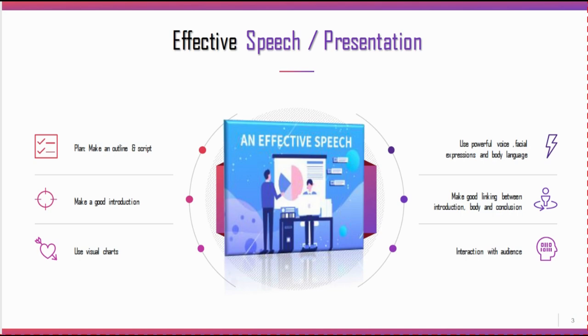Next one is very important. Use a powerful voice, facial expressions, and body language. First one is powerful voice. If you use a very small or weak voice, nobody will pay attention to you. But if you use a stronger voice and it sounds very firm, then people will trust you.